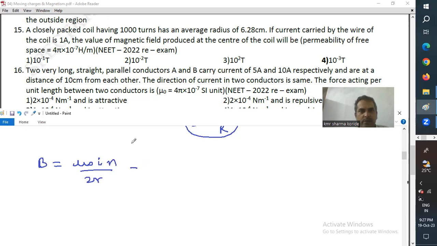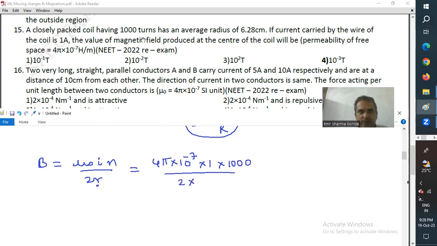So therefore, mu naught is 4 pi into 10 to the power of minus 7. Current is given 1 ampere and the number of turns are 1000, divided by the radius of the coil R.